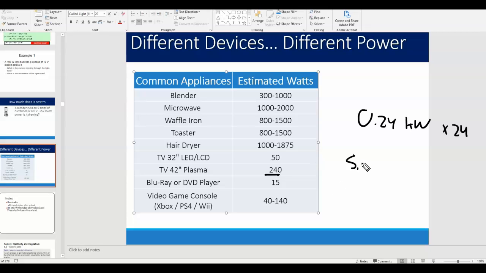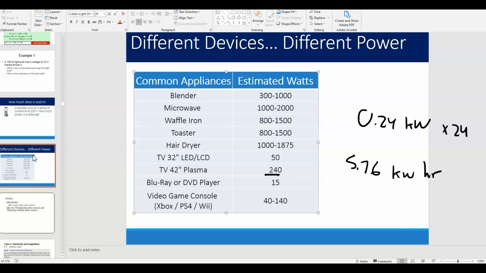That would be 5.76 kilowatt hours. And so if you leave your TV on 1 day straight, that might cost you, I don't know, 40 or 50 cents, which again doesn't sound like a lot, and it's not, but if you do that every single day over the course of a month, that adds up.